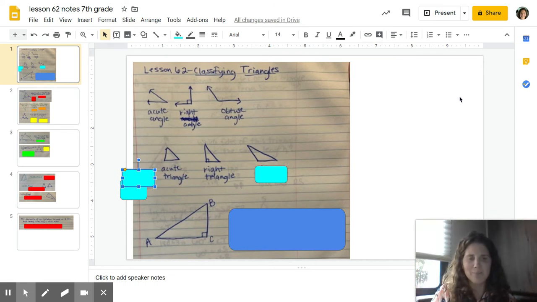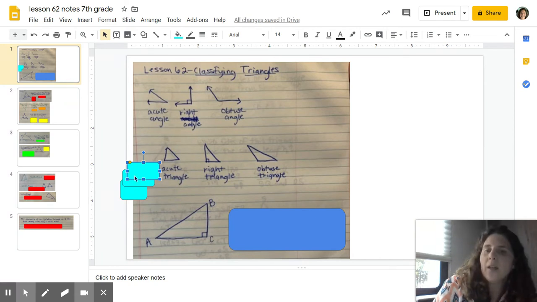If you have one obtuse angle, a really big angle, then that's an obtuse triangle. So it goes along with the angle names that we already know.